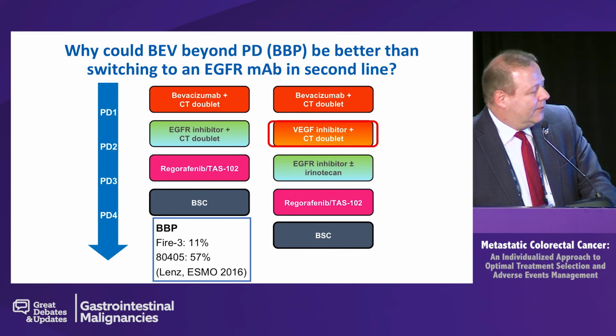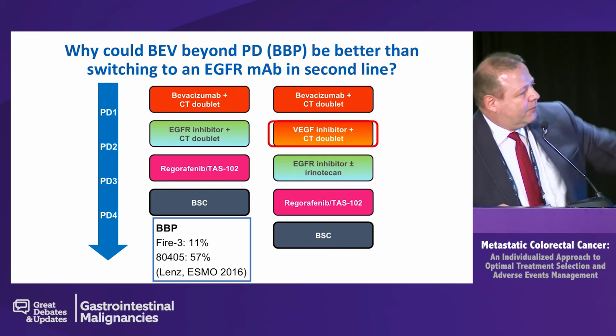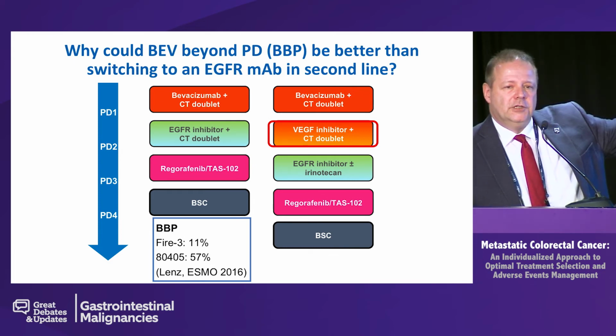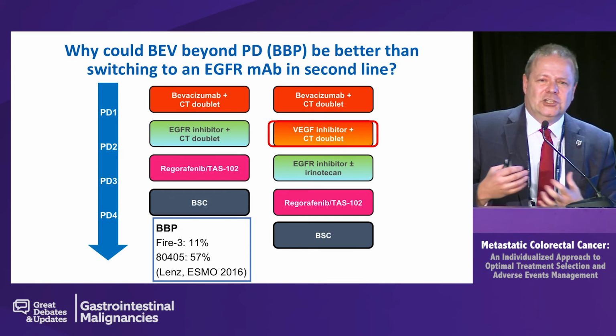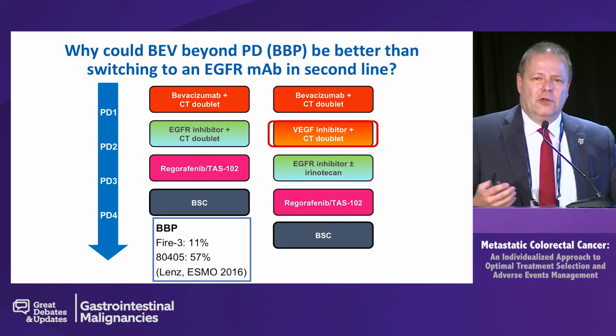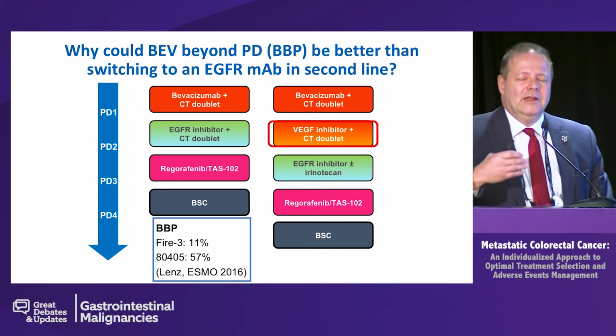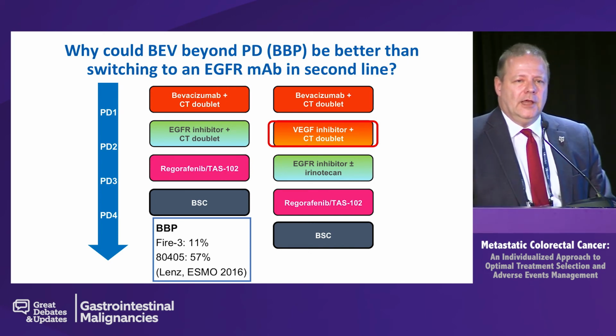Then you have best supportive care. When you start with Bev and you go for Bev beyond progression, you have another line of therapy. This sounds trivial, and it's something that I initially didn't really believe in before I saw the randomized data, but you increase options for patients down the line.